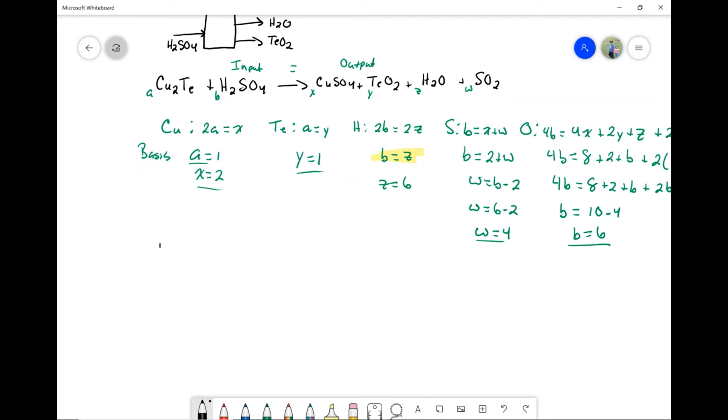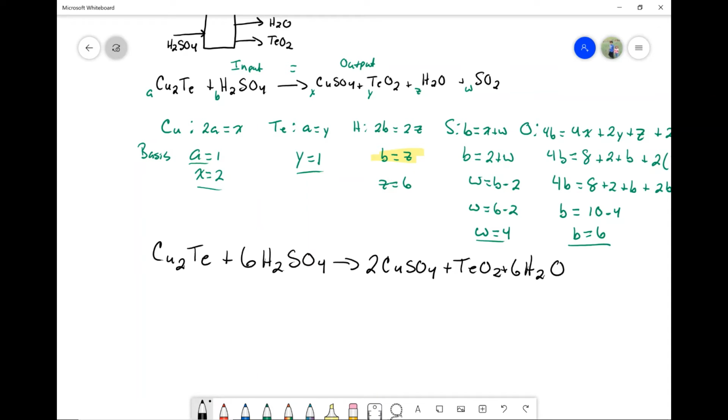So it's just simply b equals 6, x is 2, y is 1, z is 6, w is 4.